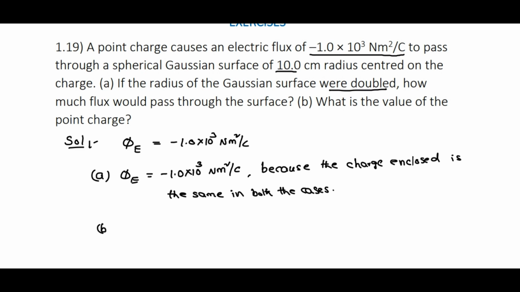Coming to part B. What is the value of point charge? From Gauss law, electric flux is equal to q by epsilon naught. From this q is equal to electric flux into epsilon naught. So this electric flux value is minus 1.0 into 10 power 3 and epsilon naught value.